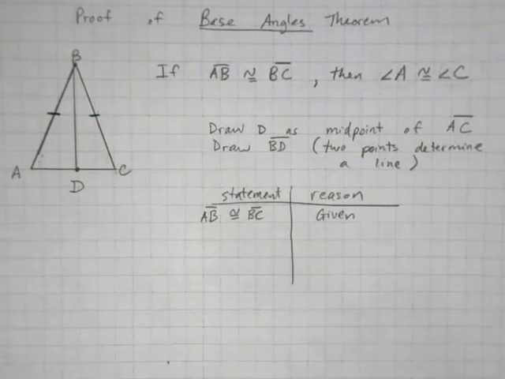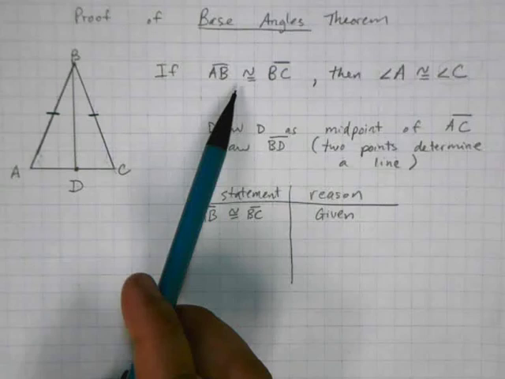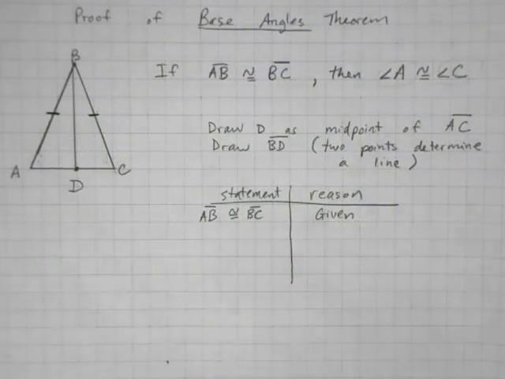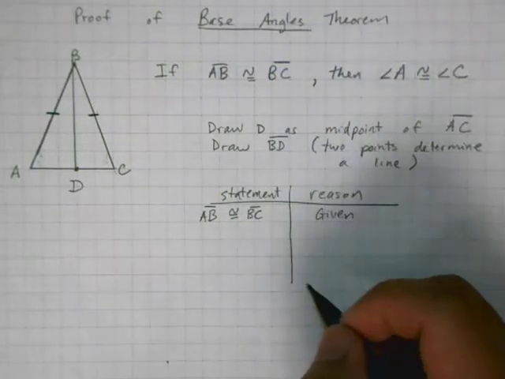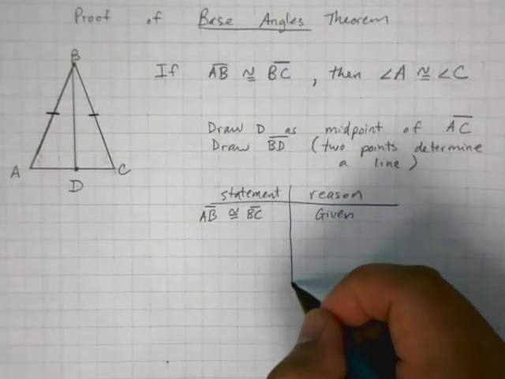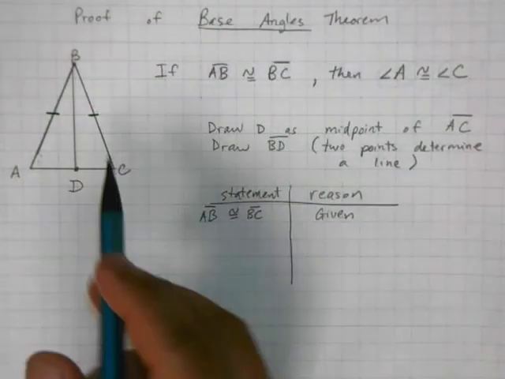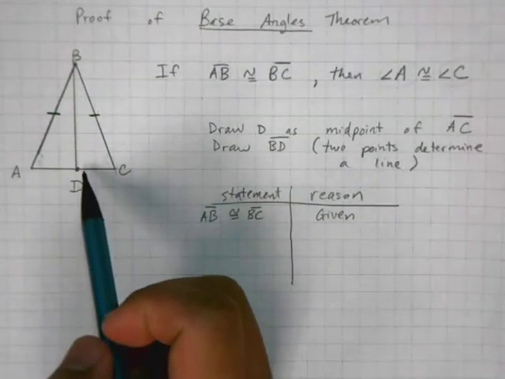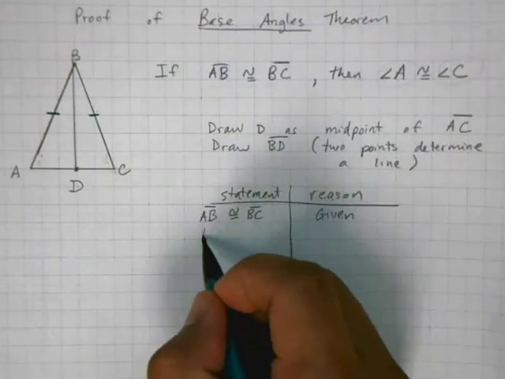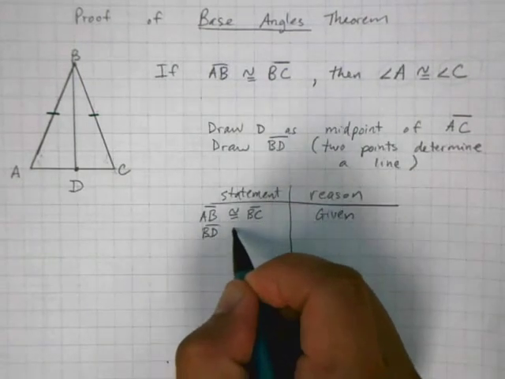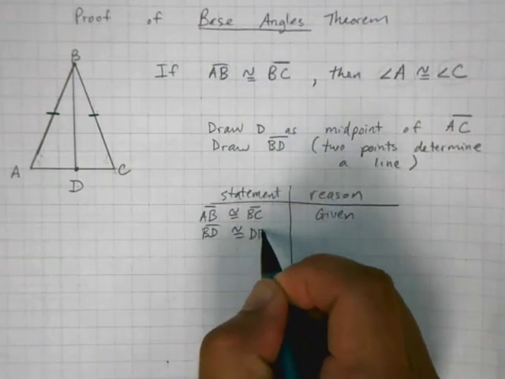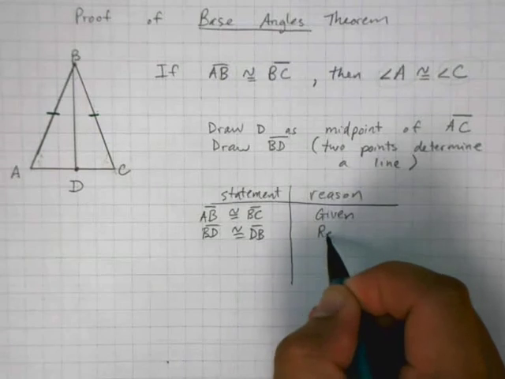In any proof, if you have something that's written in the premise, we can use it as a given statement. So AB is congruent to BC, that's given. Okay. Then I can show that BD is congruent to DB, because it's really just the same segment, and this is reflexive.